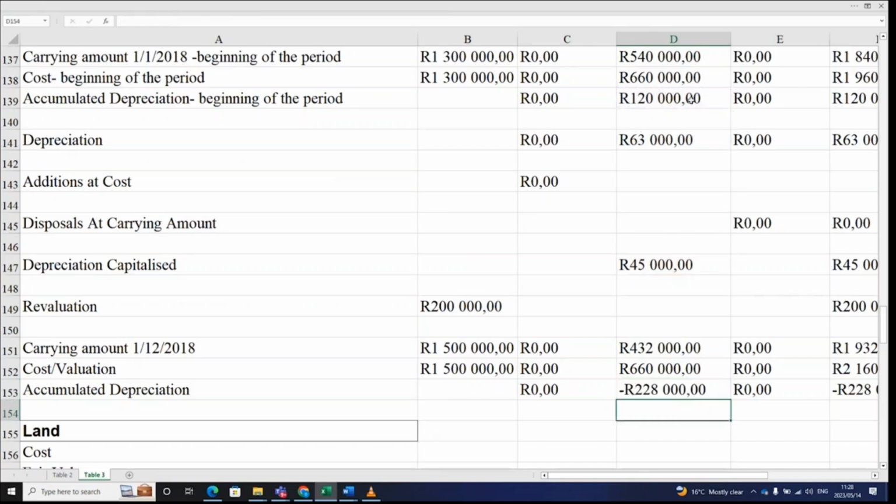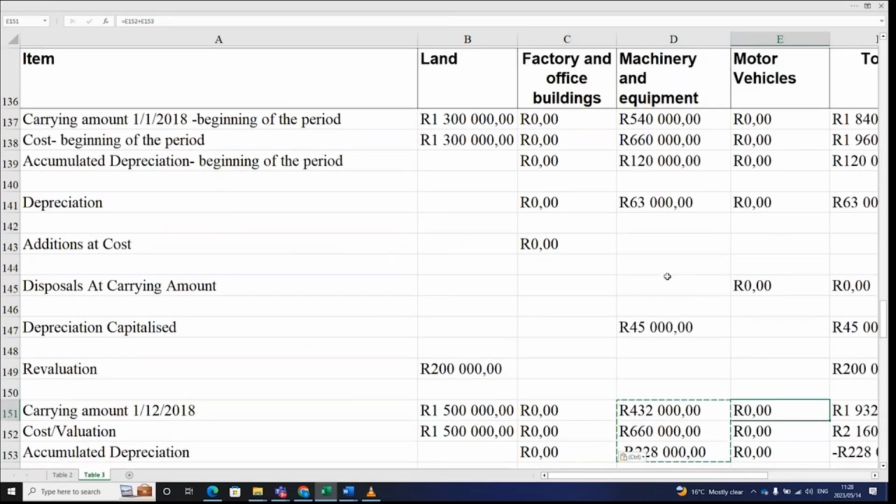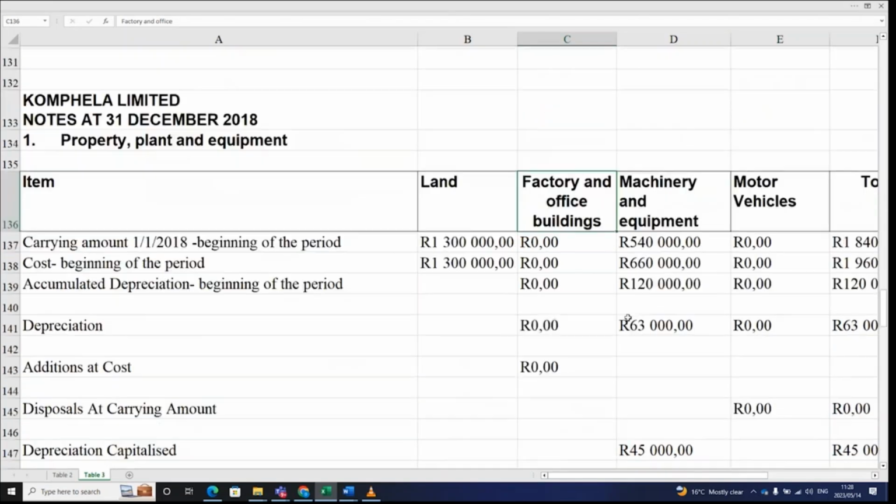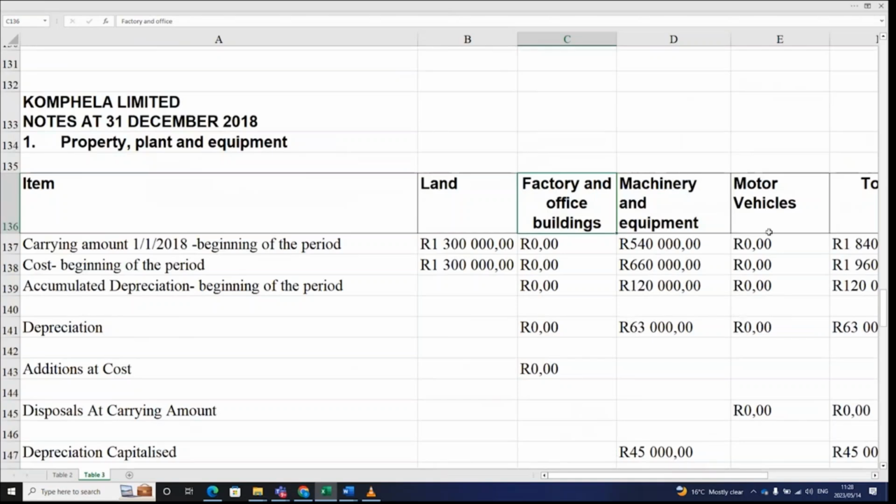That gives us 432,000. Let's just copy this formula across. Now we're done there. So then we can go on to the factory and the buildings. But for me, the motor vehicles is a lot easier, so I can go there as well.